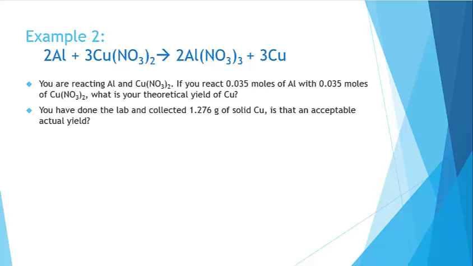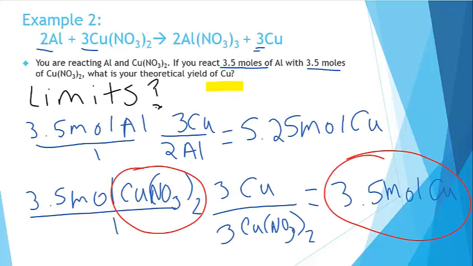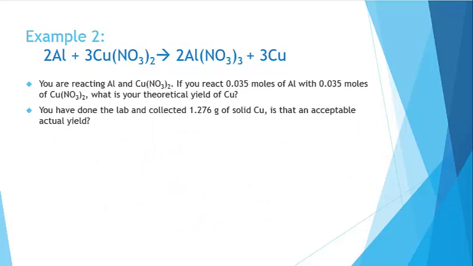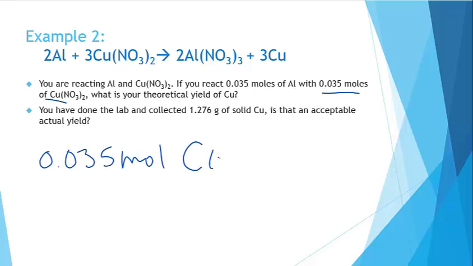So based on what we did last time, we found out that if you react 3.5 moles of copper nitrate you can make 3.5 moles of copper. So this is going to be the same thing. If we have here 0.035 moles of copper nitrate, we're going to make 0.035 moles of copper.